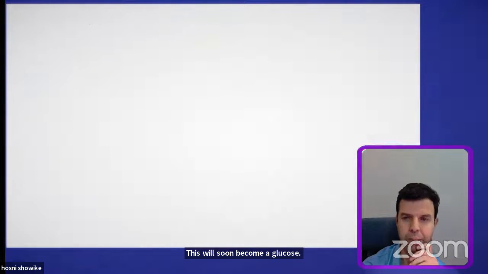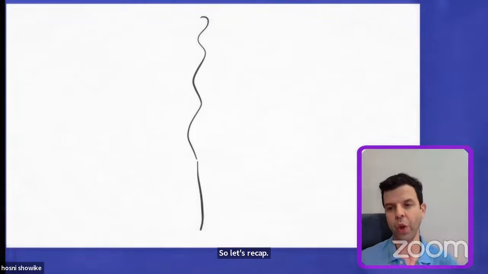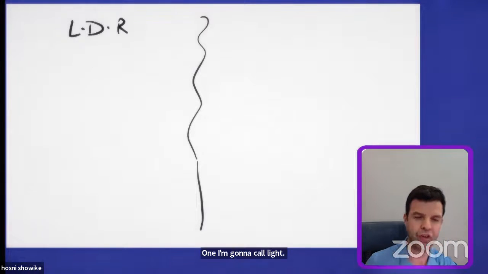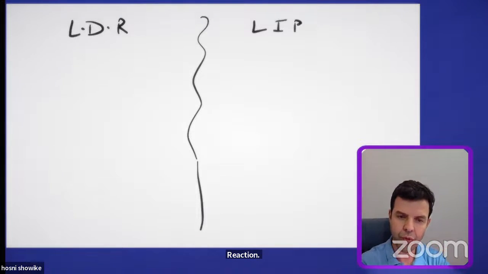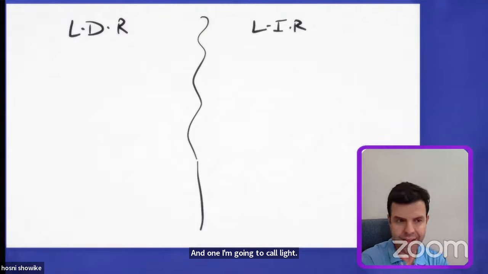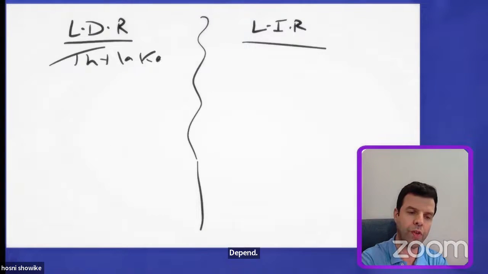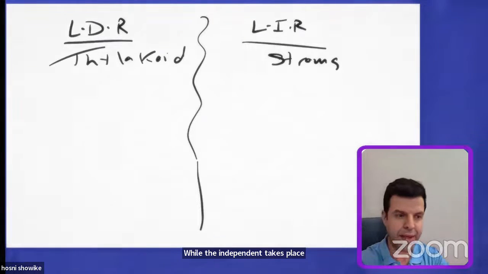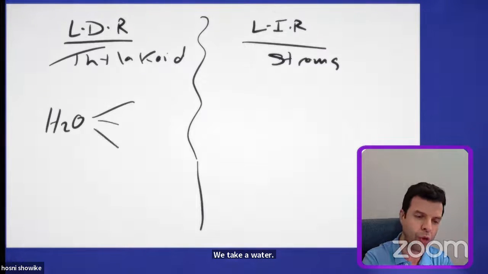So let's recap. Photosynthesis is two reactions. One I'm going to call light-dependent reaction, and one I'm going to call light-independent reaction. The light-dependent takes place in the thylakoid, while the independent takes place in the stroma. During the light-dependent, we take a water and we split it into 1, 2, 3.